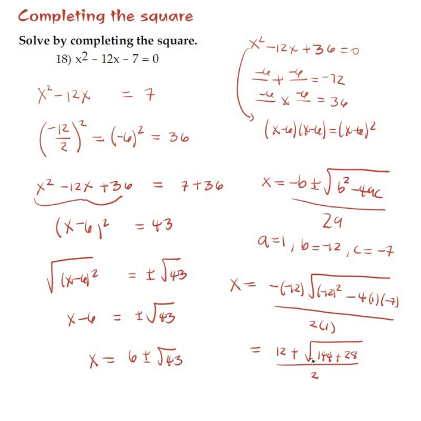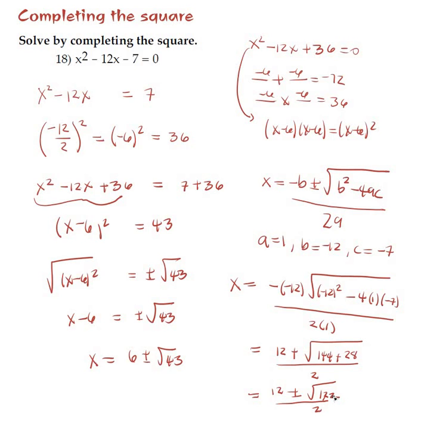This is going to give you 144 plus 28. It's going to be 176. Oh, no, actually, it's 172. Okay, let me put this down. This is going to be 12 plus or minus the square root of 172, divided by 2.